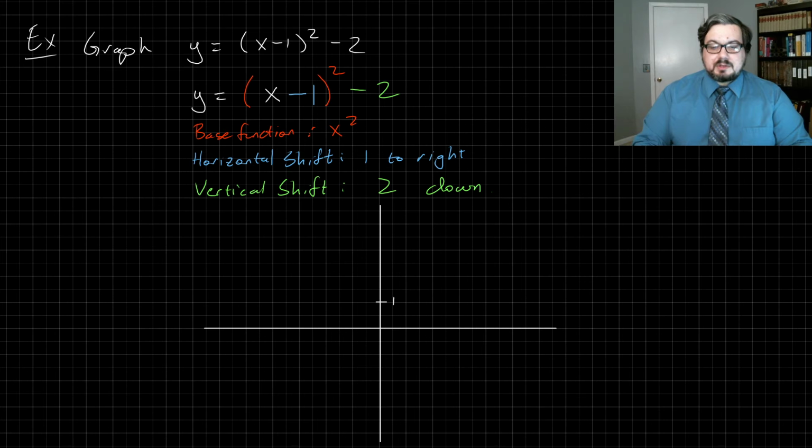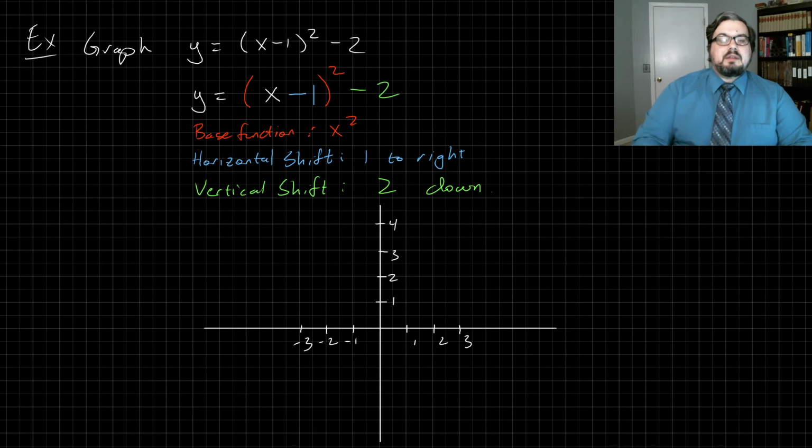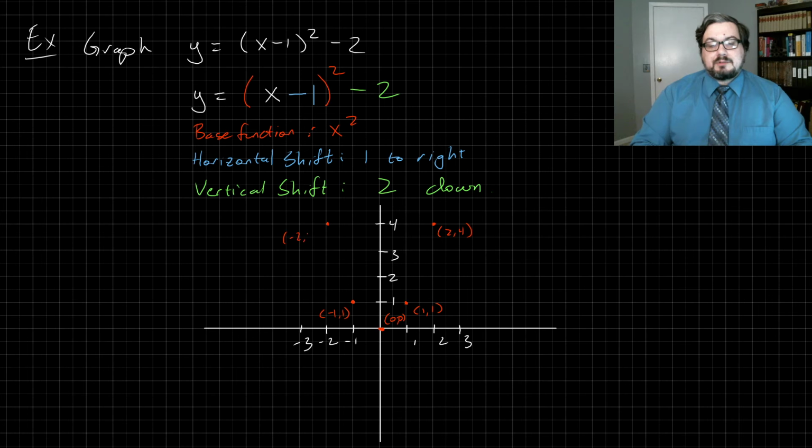So in this case, I'll make things slightly bigger than before. Now we know that the base function x squared contains the following points in its graph: (0, 0), (1, 1), (2, 4), (-1, 1), and (-2, 4).